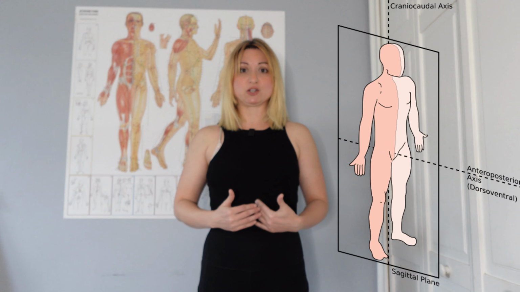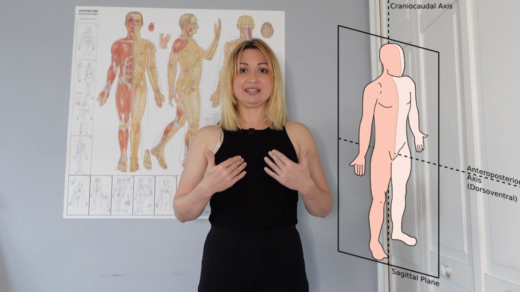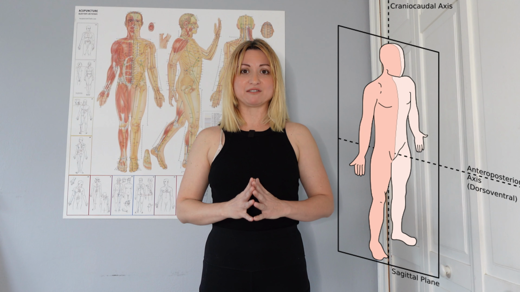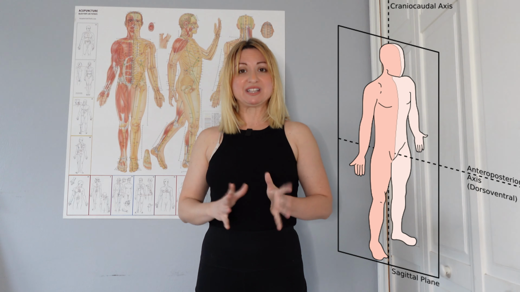Okay, now as we talk about the planes of movement, we will talk about the three main planes of movement. The first one being the sagittal. The sagittal plane divides the body into the left and right halves, and we have specific movements that occur within this sagittal plane.